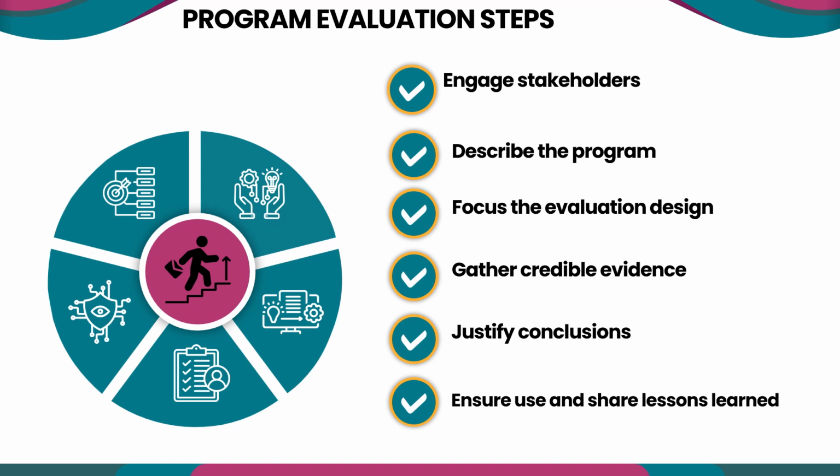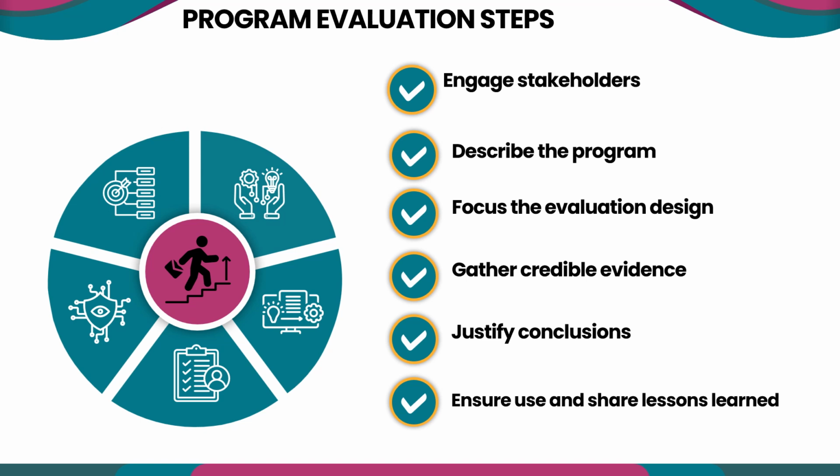That is going to be a very important step in program evaluation. And then lastly, you want to ensure use and share lessons learned from your evaluation. This is communicating the procedures and the lessons learned from an evaluation to the relevant audiences in a timely, unbiased, and consistent fashion.